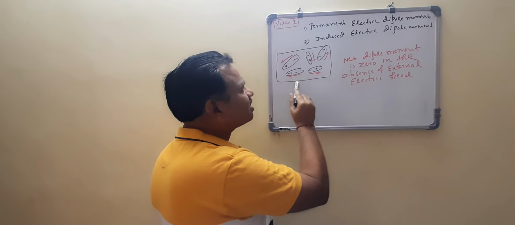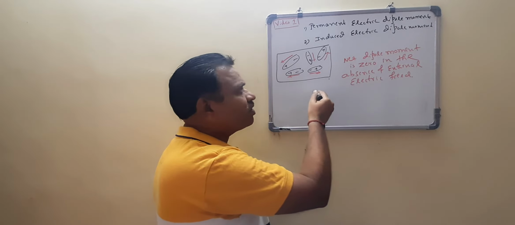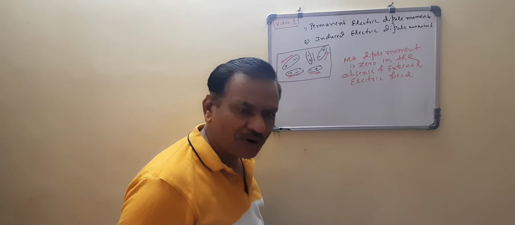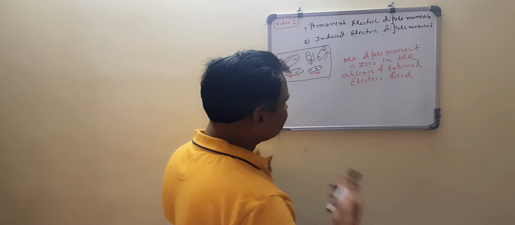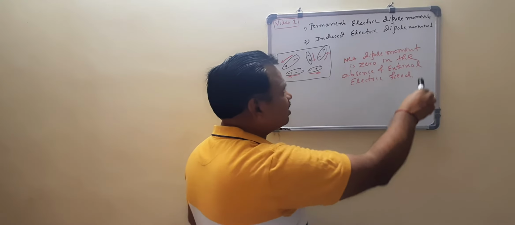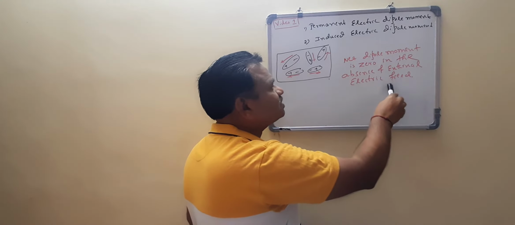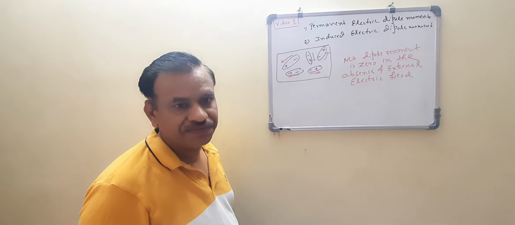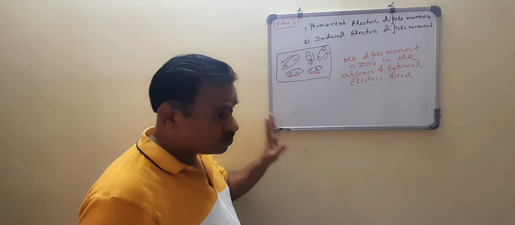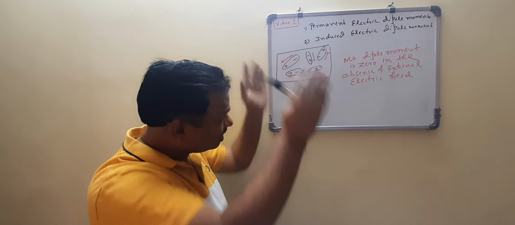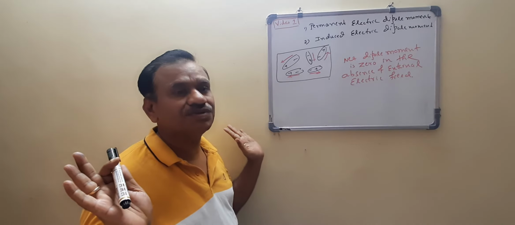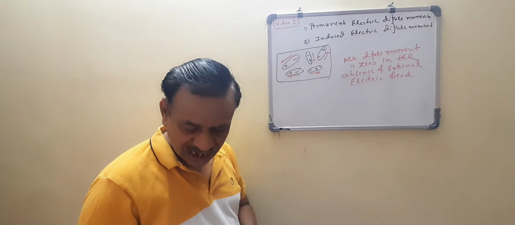The net dipole moment equals 0. Like that, the net dipole moment is 0 in the absence of the external electric field. Each molecule has a dipole moment, but for the entire system the net dipole moment is 0. It is a vector addition.